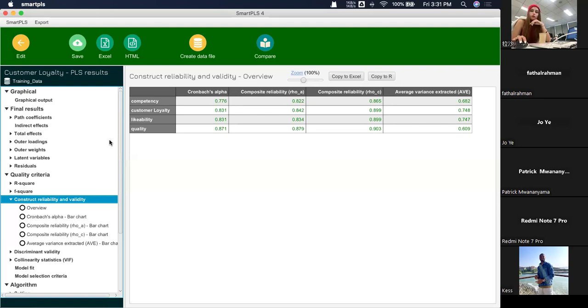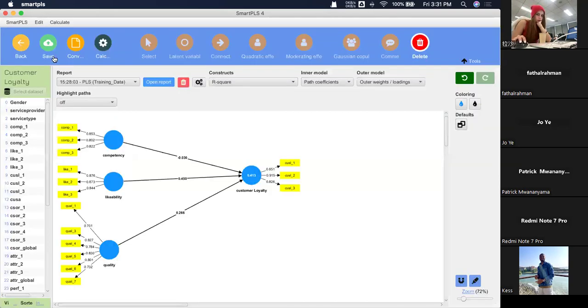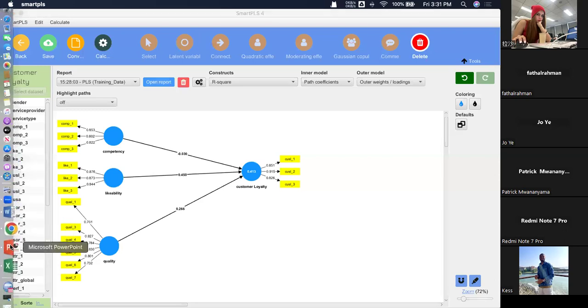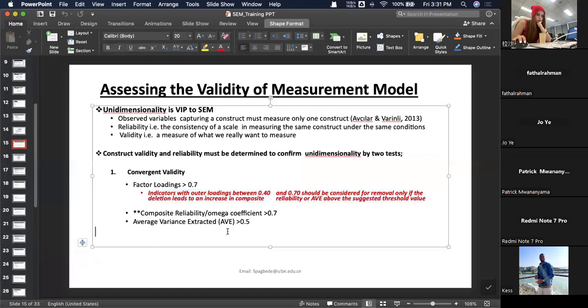So now that we have this, we are progressing. Now this is our factor loading. Now we go back to the PPT. All these conditions here have been satisfied. All the factor loadings are greater than 0.7.